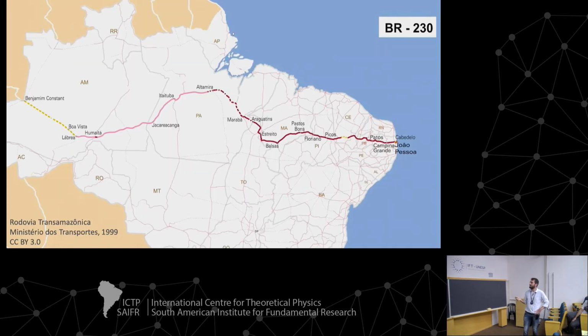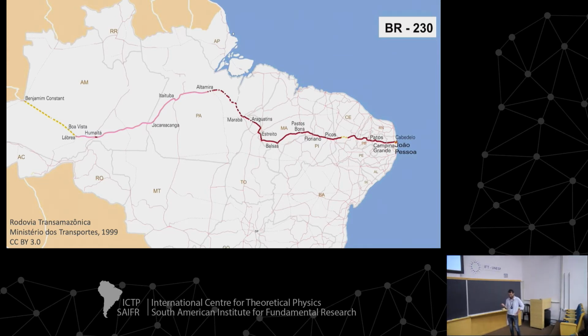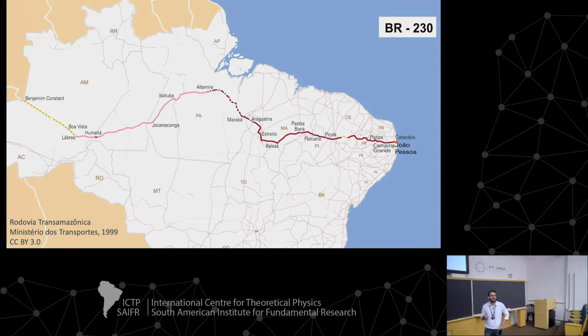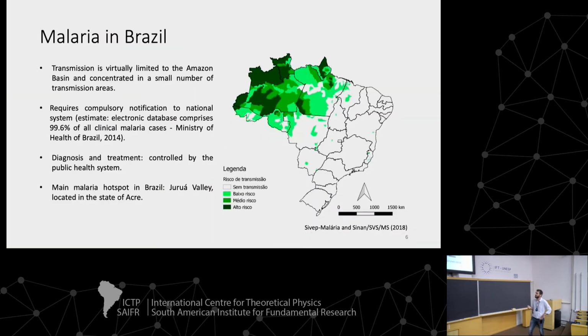And also some big constructions. Here we have the Trans-Amazonica Highway that crossed the Amazon Basin. This kind of construction also brought to the Amazon Basin a lot of people that didn't have any immunity against malaria, and then it increased a lot the number of cases.